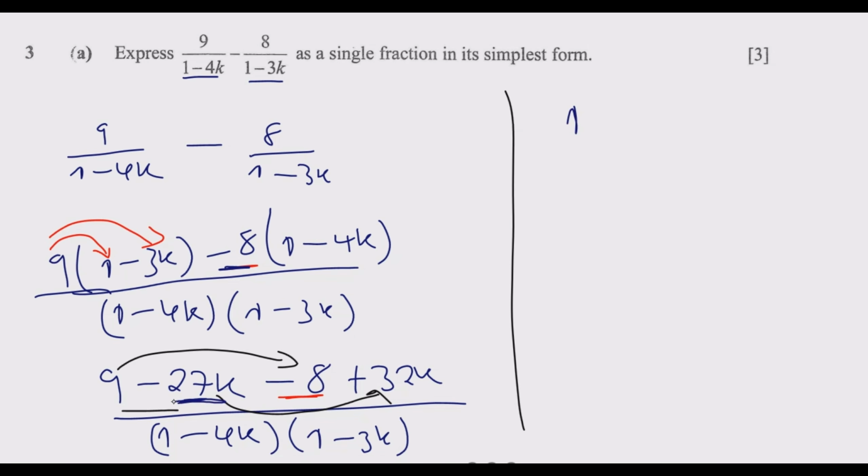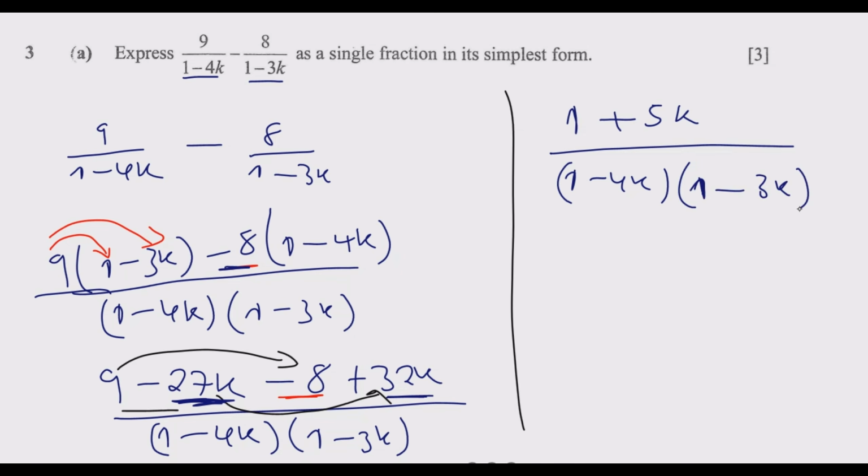Then we have negative 27k plus 32k, which is the same as 32k minus 27k, which is plus 5k. Then over 1 minus 4k, multiplied by 1 minus 3k.